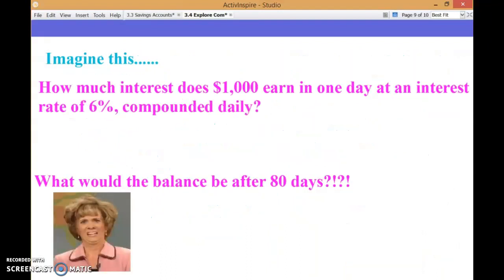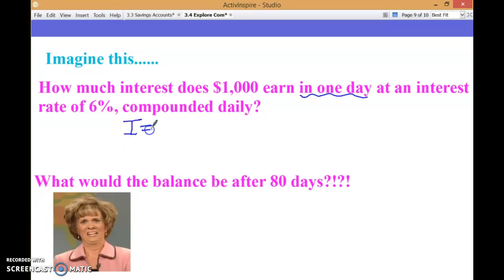So here's our example. It says, how much interest does $1,000 earn in 1 day at an interest rate of 6% compounded daily? So that means at the end of every day, my principal is going to be adjusted based on how much interest I got in that day. We just want to figure out how much I'm going to have in 1 day. So I'm going to use my simple interest formula.